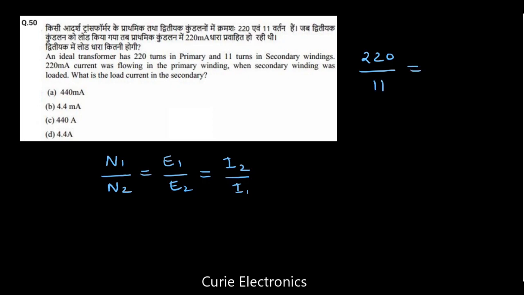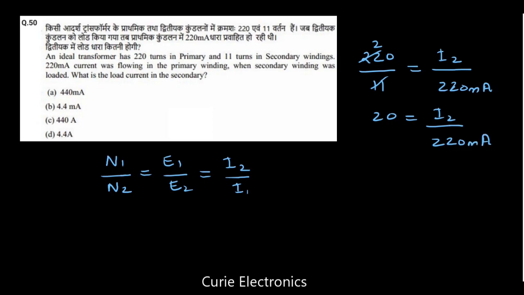The primary current he has given. The secondary current he has not given. We have to find the secondary current. What is the primary current? 220 milliamps. Now we can divide 220 by 11. So what do we get? It's 20. So 20 equals I2 upon 220 milliamps.